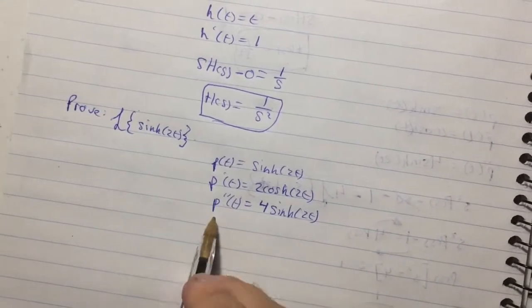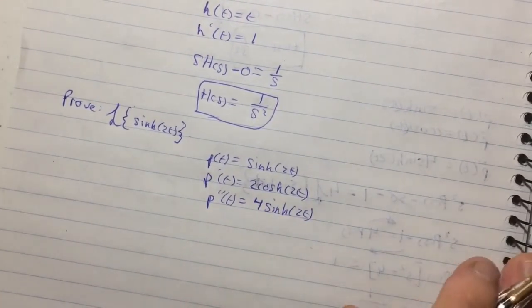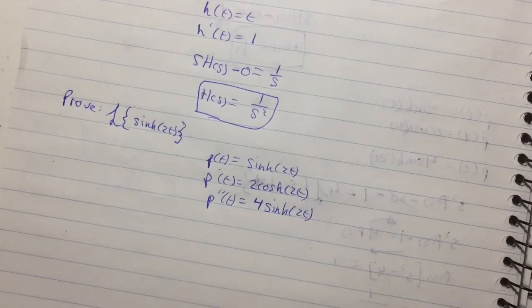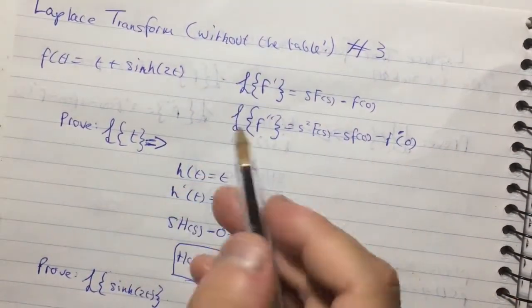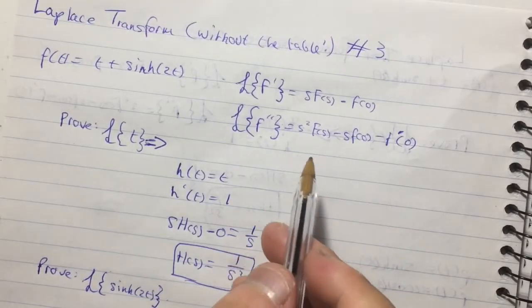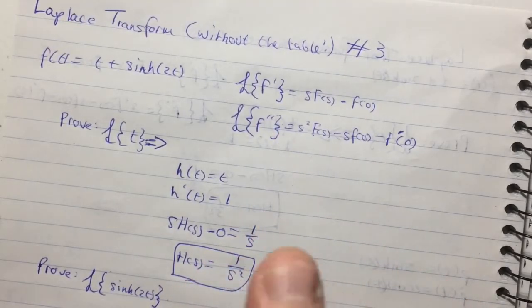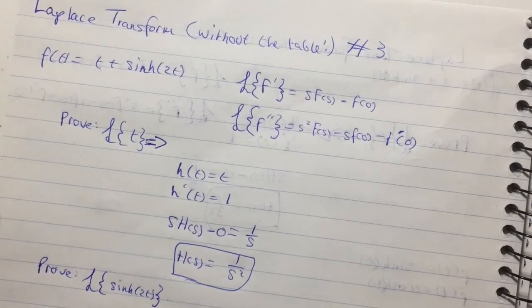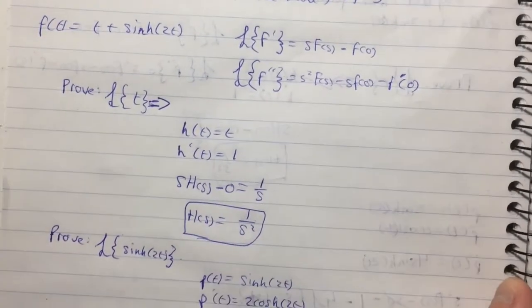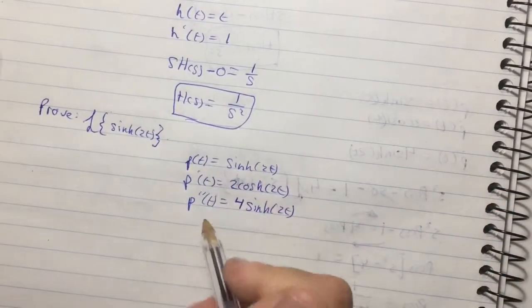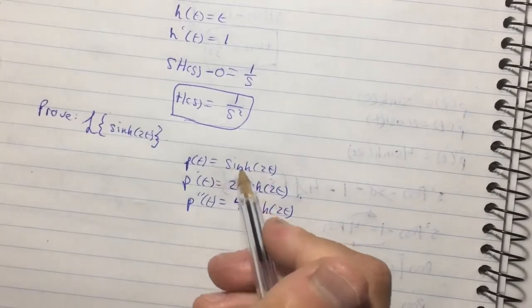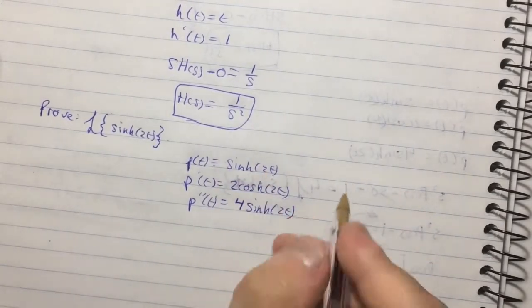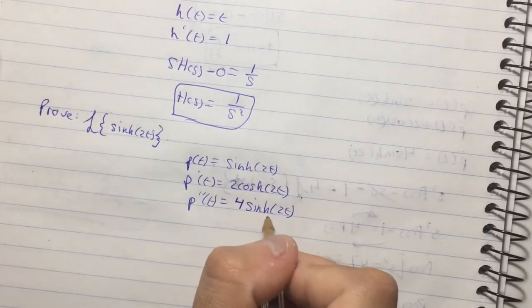Okay, so why did I take the derivative twice? Well, this is a concept I haven't explained in the videos before this. As far as I'm aware, and I haven't really explored it fully, the idea of proving a Laplace transform without a table is that you're able to make a relationship with the original function, because I saw sinh again.